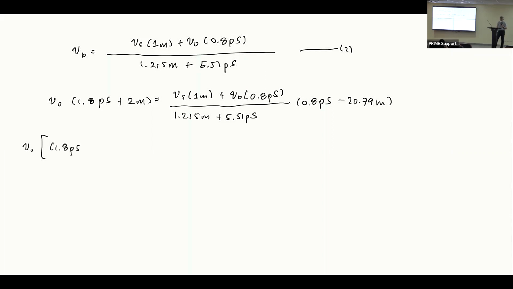Okay. That's going to be minus 0.8 PS minus 20.79 M all over 1.215 M plus 5.51 PS. So that's now my left side.